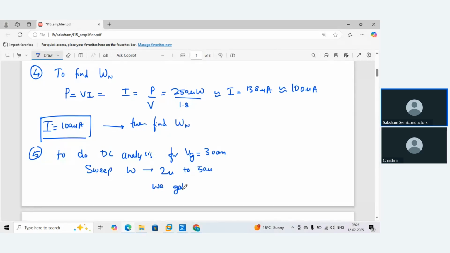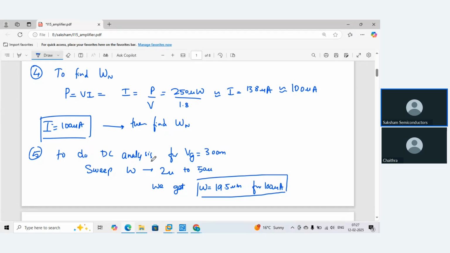We get W equal to close to 19.5 micrometer for 100 microampere of current. Why did I take 100 microampere? Because 100 microampere is the current that I obtained from this power equation. So that's why I'm mapping my value of width for 100 microampere. So this is how I fixed up the width of my NMOS.